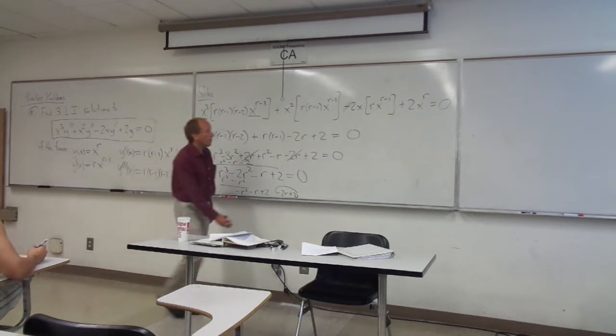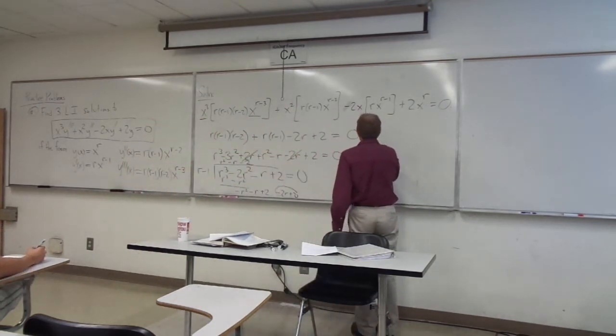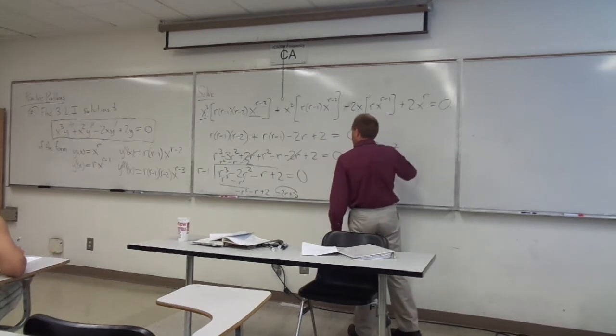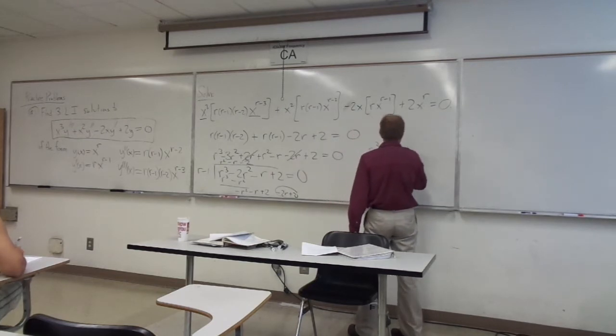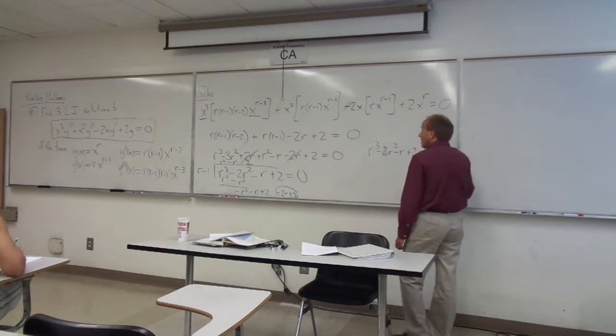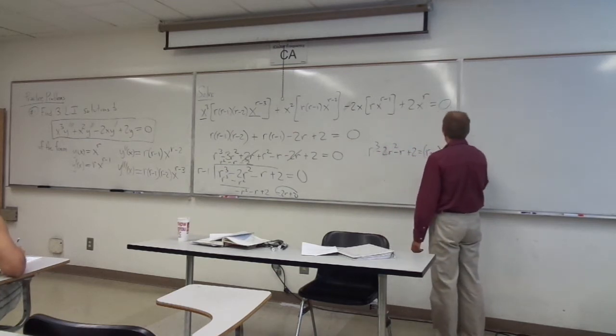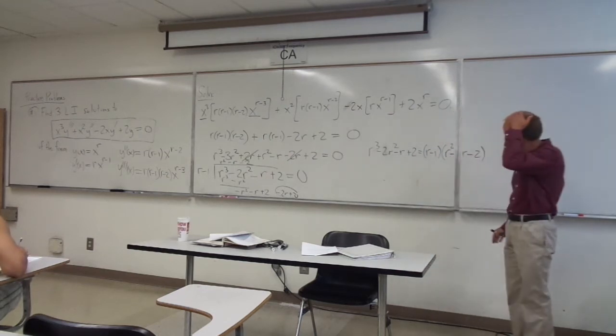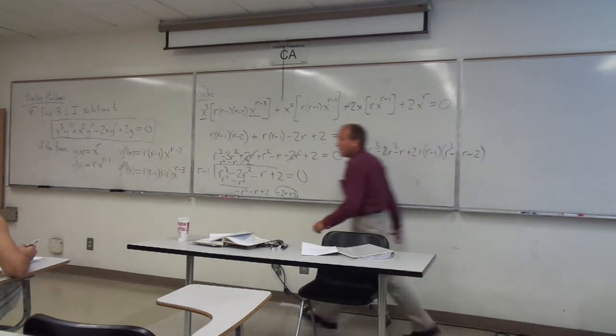Okay, good. So what this tells me then is that r cubed minus 2r squared minus r plus 2 is equal to r minus 1 times r squared minus r minus 2. Okay, does that make sense?